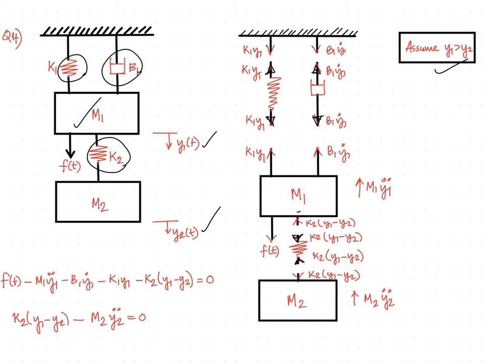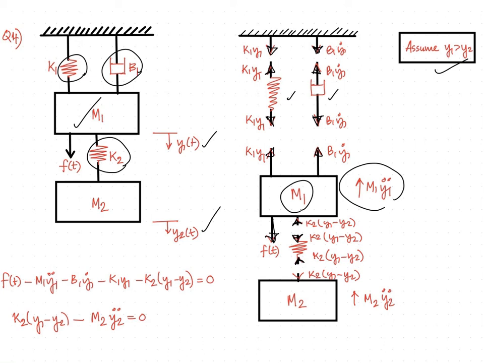Now coming to M1, the force F of t is acting down. The displacement is towards down and hence the inertial force will be towards the top. The direction of y1 and y2 towards the downward direction is taken as positive. Since these two elements experience tension, the reaction will be towards the top as far as the mass is concerned, and as far as the wall is concerned, it will be towards the downward direction.